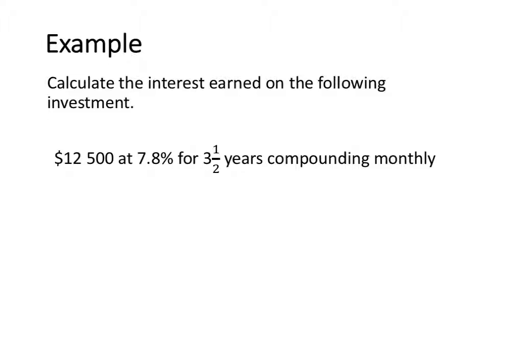So in the second example, I want to calculate the interest earned on the following investment. And that investment is $12,500 at 7.8% for 3.5 years, compounding monthly. Now, it's important to note in this example, we are compounding monthly. So that means per year, we are compounding 12 times. So we'll start off with the first step and calculate the total future investment.